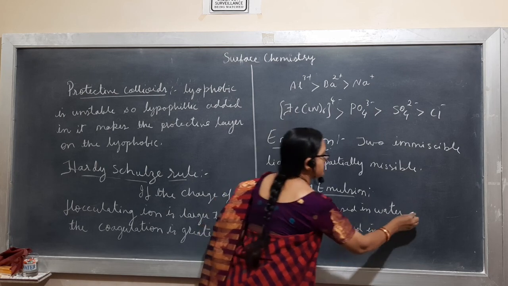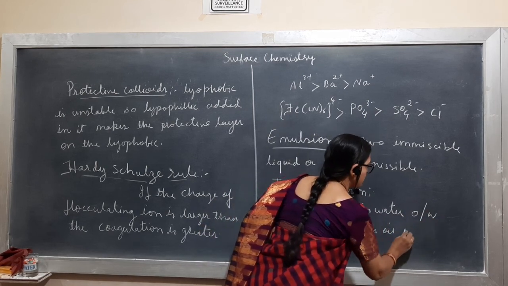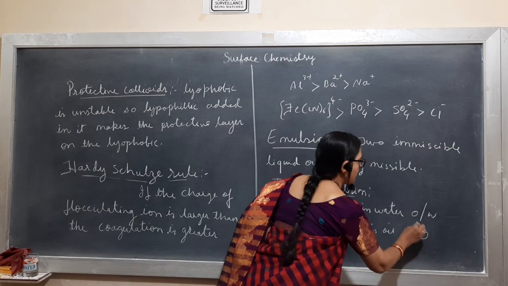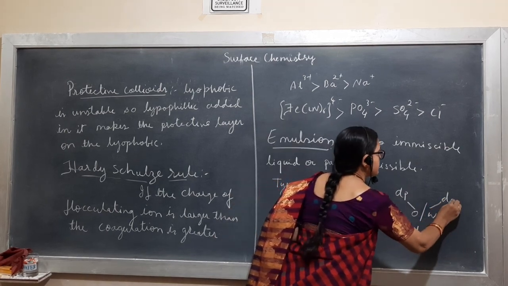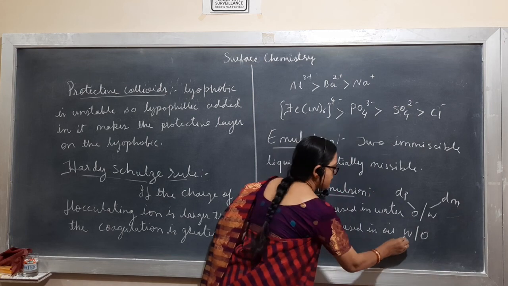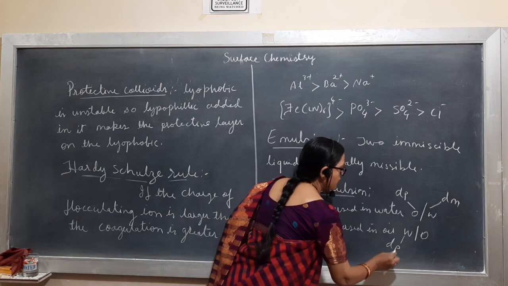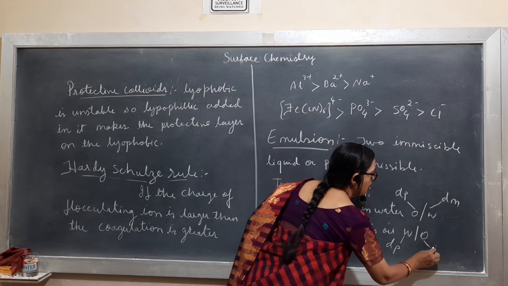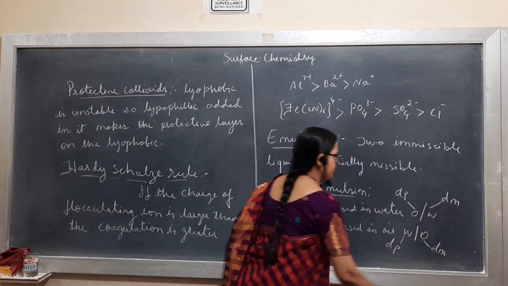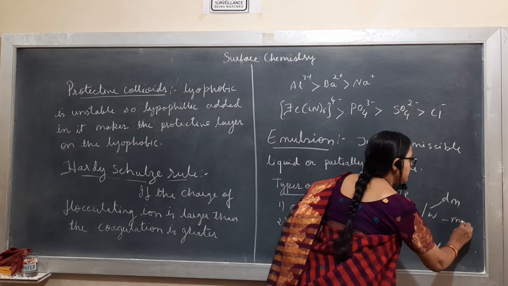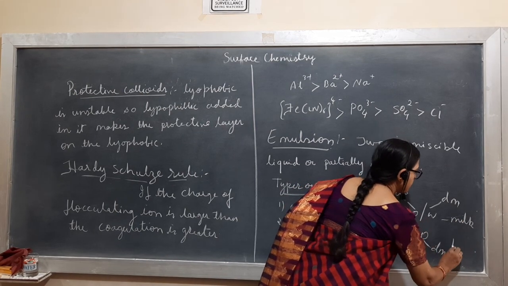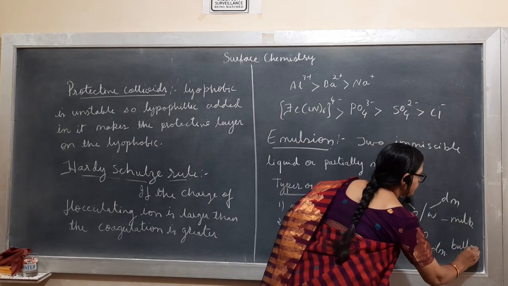Here oil is the dispersed phase and water is the dispersion medium, whereas here it is the reverse. An example of oil in water is milk, and for water in oil we can study the example of butter.